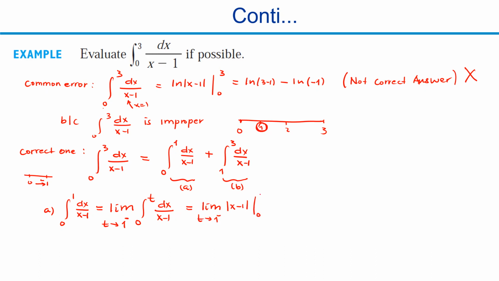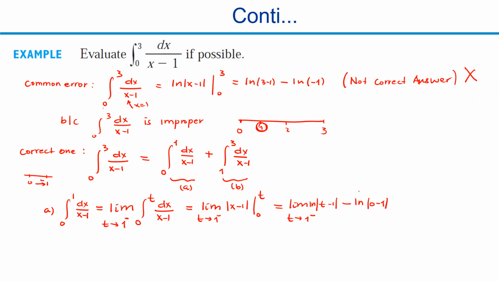This is from 0 up to t. We substitute: the limit of ln of absolute value of t minus 1 minus ln of absolute value of 0 minus 1, as t goes to 1 from the left.